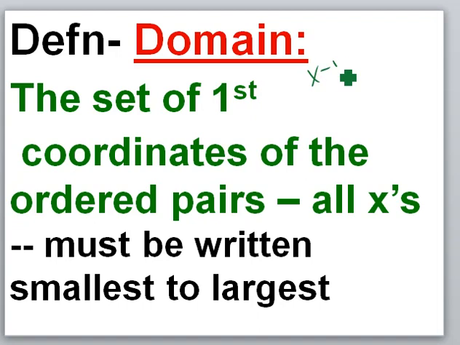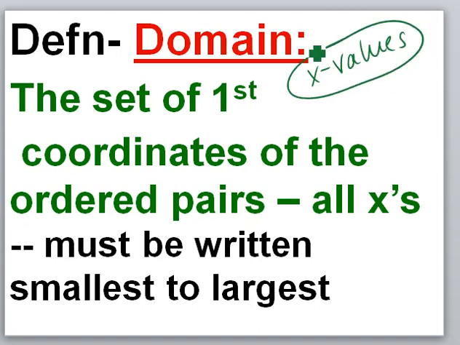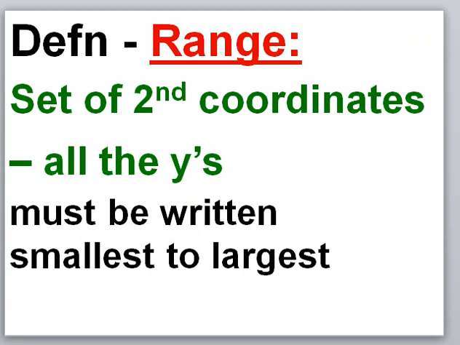Domain is x values. The next one is range. What is the y values? Range you might think of as height. So what are the y values? Again, those are going to be listed from smallest to largest.